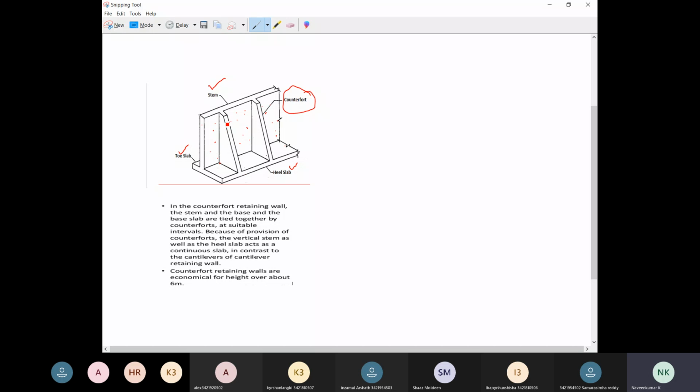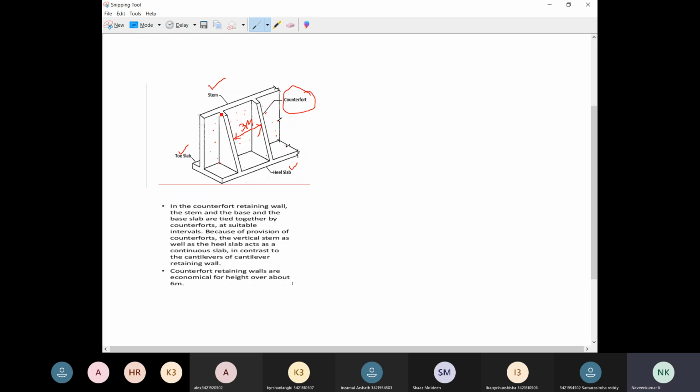Why? Because the height is increasing, the load to be carried by the wall keeps on increasing. So they are giving some supports at an interval of 3 meters. As per the guidelines, the counterfort is provided at an interval of 3 meters, so the spacing between two counterforts will be 3 meters.